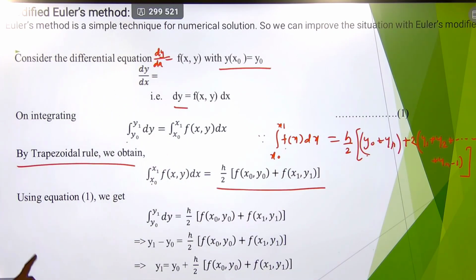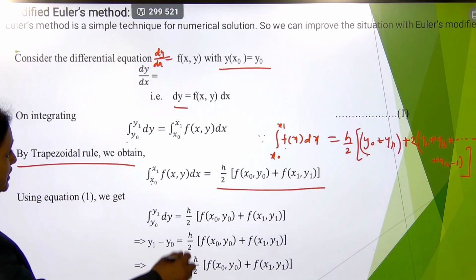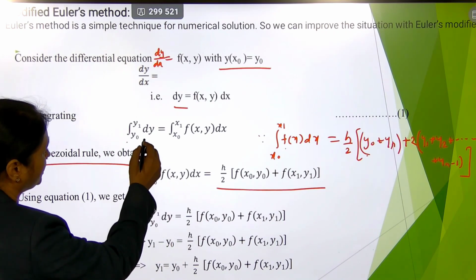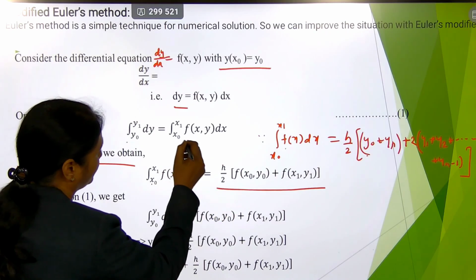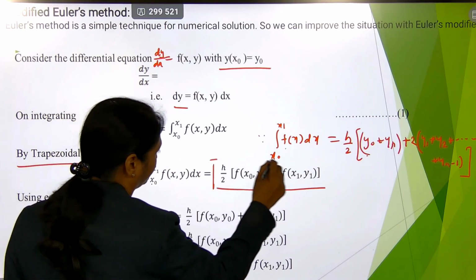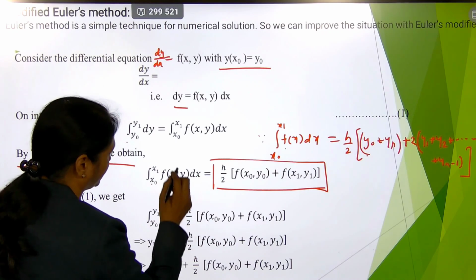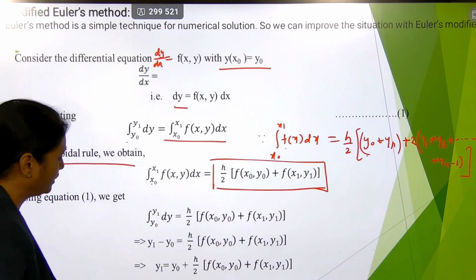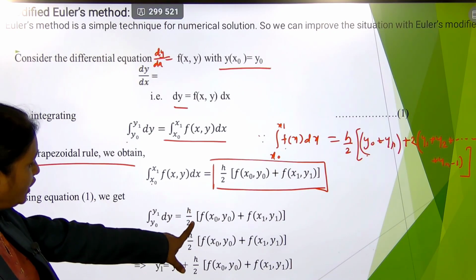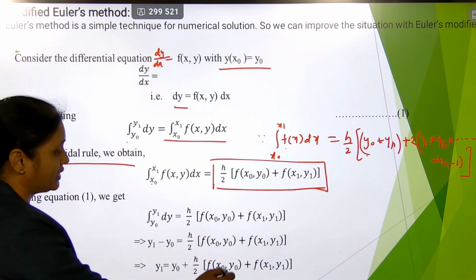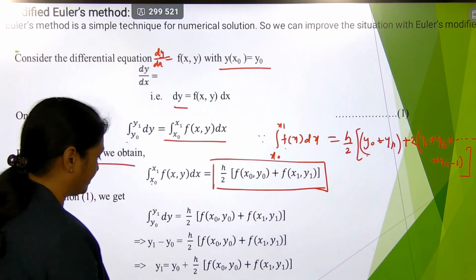Now using equation 1, what is our equation 1? Integration dy from y0 to y1 is equal to, now we can put this step in place of it. So we get integration dy from y0 to y1 equal to h by 2 into f of x0 y0 plus f of x1 comma y1.